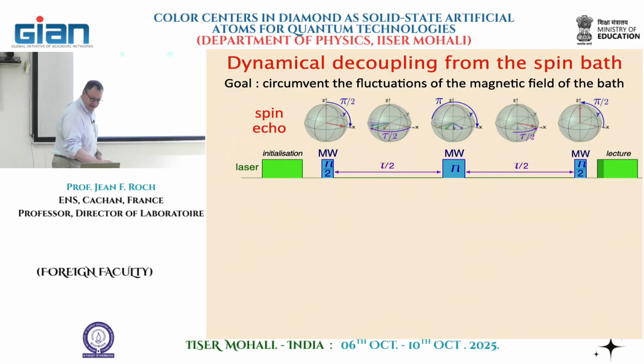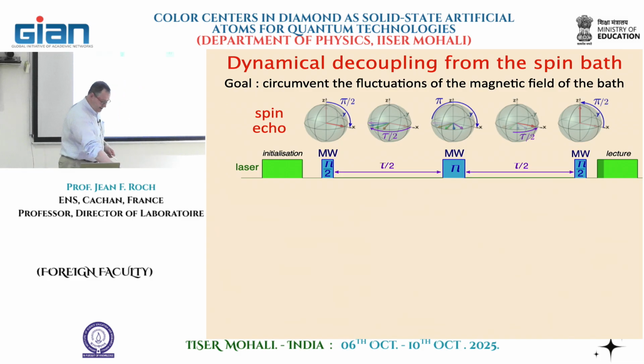Okay, that's the slide. What we can do, for instance, is to circumvent the fluctuations of the magnetic field of the bath, and this can be partially done by, for instance, the spin echo technique, where we apply a pi pulse between the two pi over 2 pulses. You will see in the two experiments this afternoon that indeed it increases a lot the time during which we can control the precession of the spins.